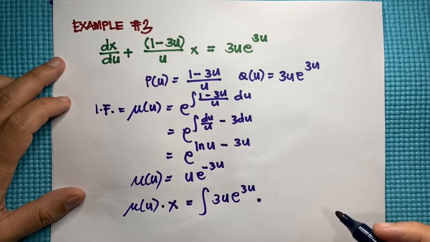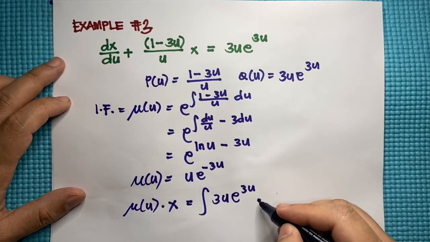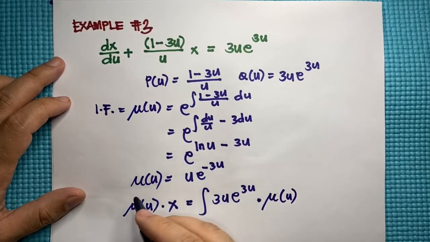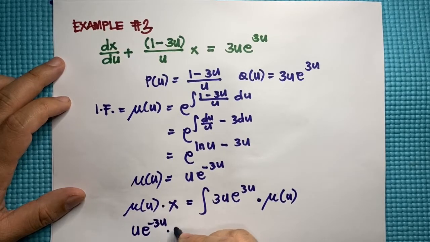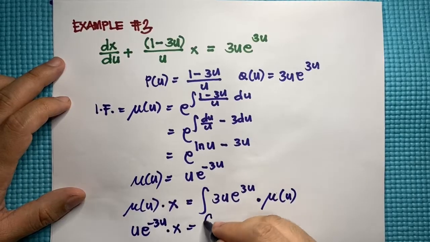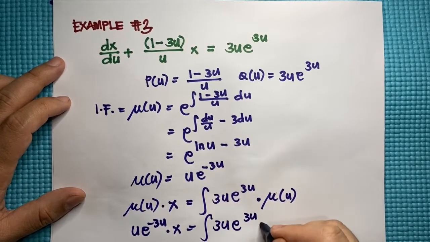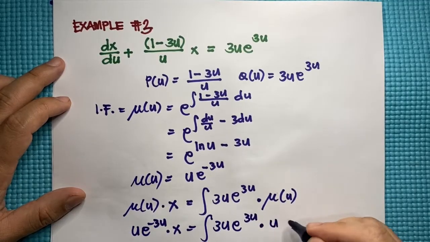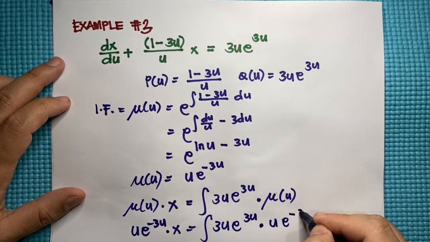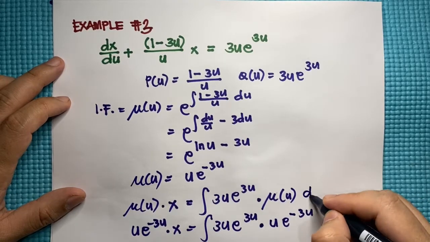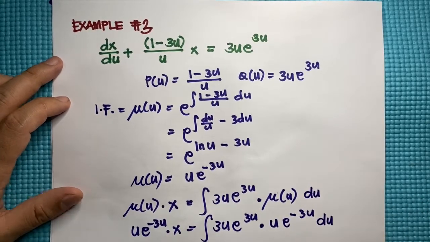I'll write mu of u here first: u e raised to negative 3u, times x, equal to the integral of 3u e raised to 3u times u e raised to negative 3u. Of course, we'll have the u there.